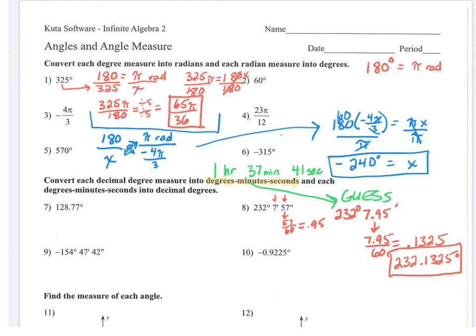Okay, now go the opposite direction here. I'm going to take 0.77 and I want to change that into minutes and then seconds. Okay, so we're going to work backwards. Instead of dividing by 60, we're going to multiply by 60.